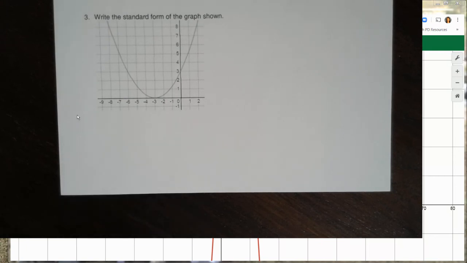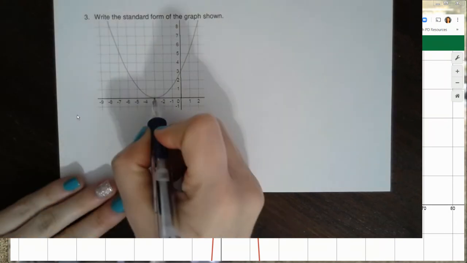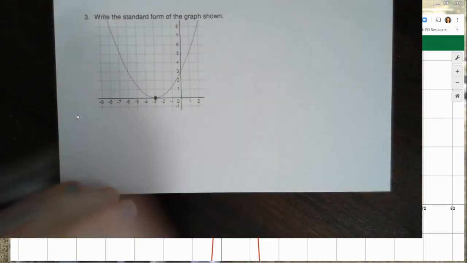Now, when you're given questions like this on a test or a quiz or practice, it is very likely that you will have multiple choice answers. But what I'm showing you is a way to double check that the answers that are given, that you agree with one of them.